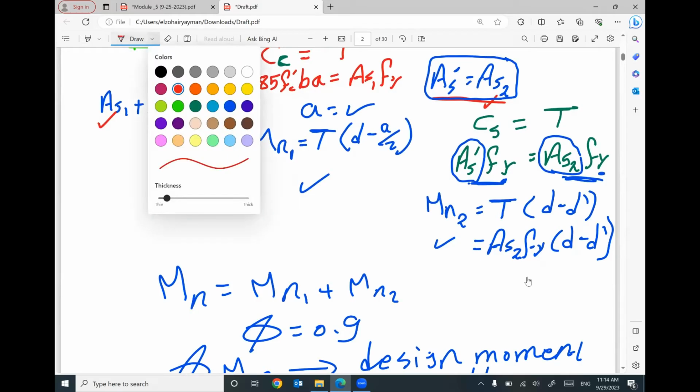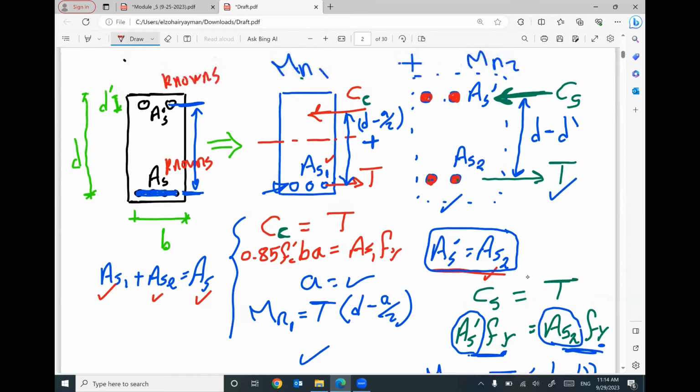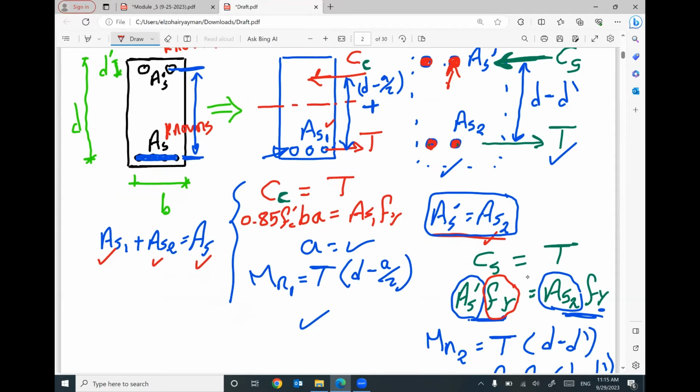Keep in your mind, I assumed the steel in compression, area steel prime, is yielded. This is my assumption. This assumption will be checked. If it's true, we are done.